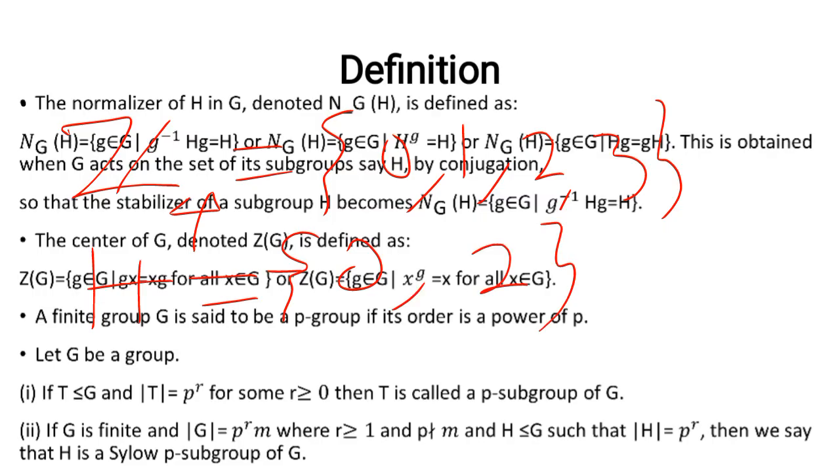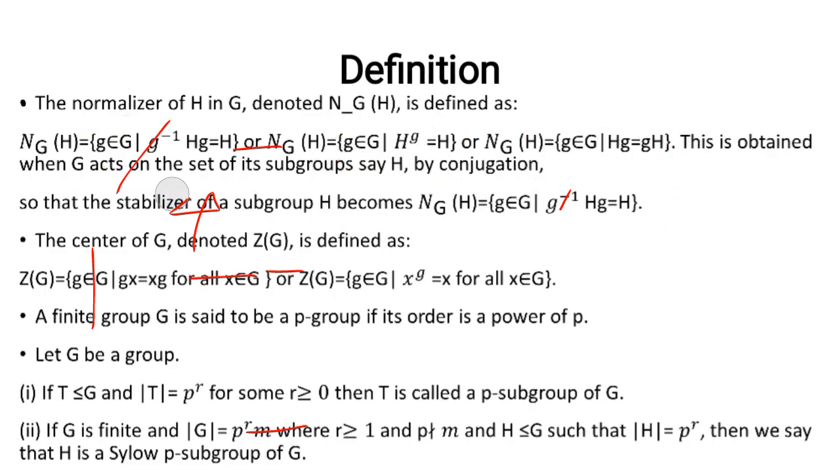Is the subgroup H a P group? Yes, it is. H is clearly a subgroup of the integers modulo 4, right? And the order of H is equal to 2. 2 is a prime number, so this is a P group. Okay, so we have seen two definitions added, P group and a P subgroup.